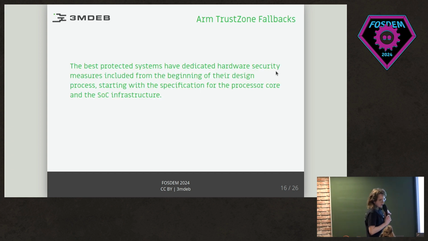Okay, so there are some problems with fTPMs because you could, as I said, update a device via the internet over the air to add fTPMs to it, but as the slide says, the best protected systems have dedicated security from the beginning, and ARM TrustZone and TEE aren't like a magical thing you can just throw on a device to make it more secure.